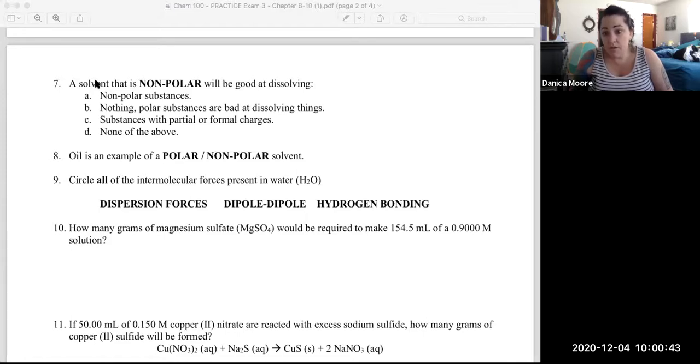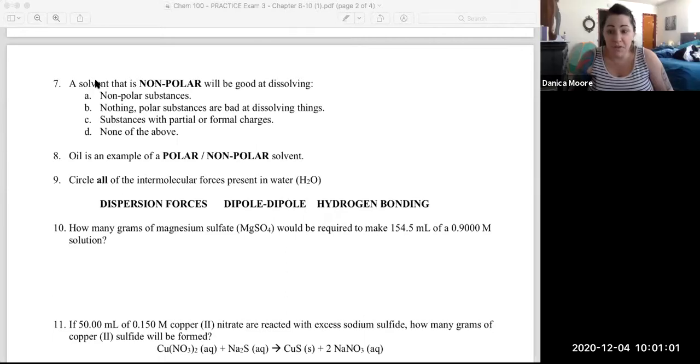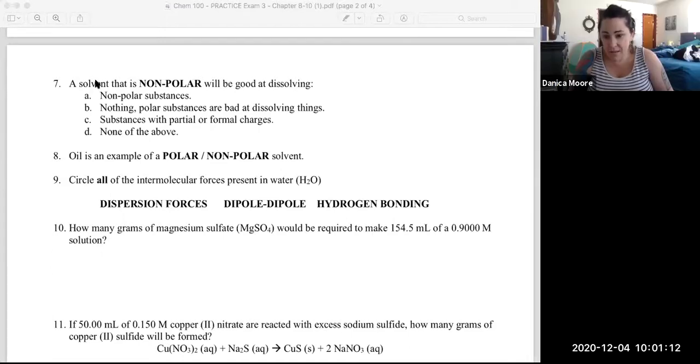So what phase would you expect oxygen to be in? Gas. Yes. Why? I mean, besides the fact that you breathe it, right? Because it has dispersion forces. It only has dispersion forces, right? Does that make sense, guys? Is everybody comfortable with that?